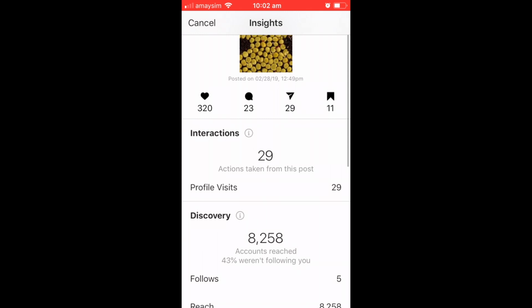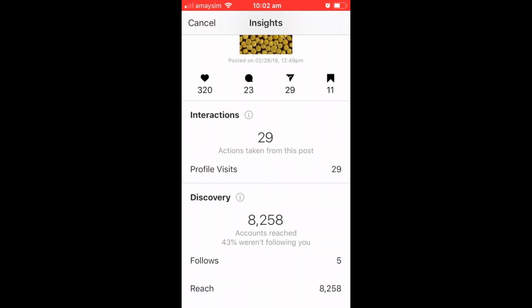And then what can you actually do with this information? When I look at this, I learn a few pieces of information. First of all, for a post that was popular enough to get on the Explore page and reach 8,000 accounts, it only had 320 likes. What this tells me is that Instagram's algorithm does not value likes very highly.